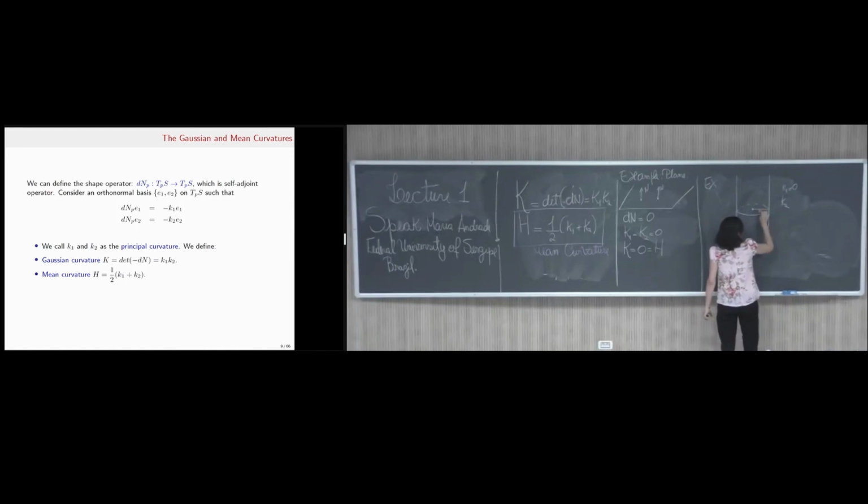For example, if you have radius R, the curvature is given by this. So the Gaussian curvature is equal to 0, and the mean curvature is given by this expression.